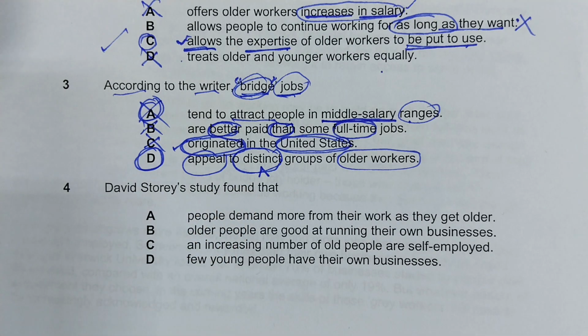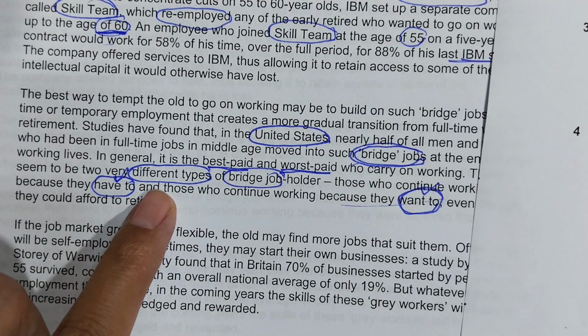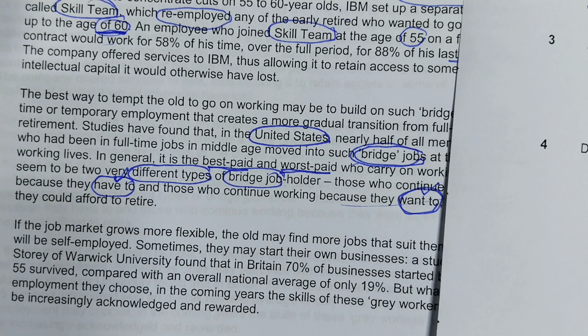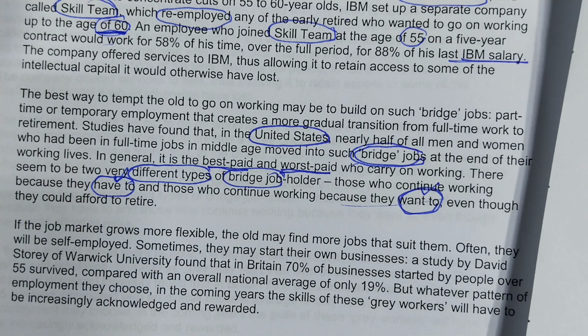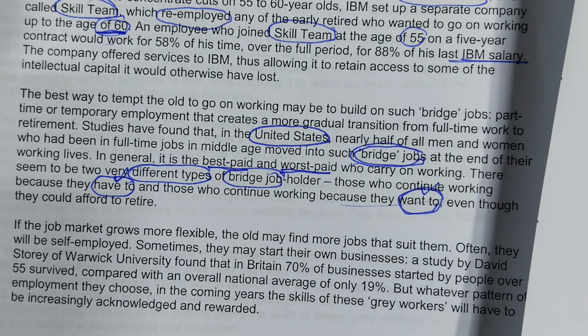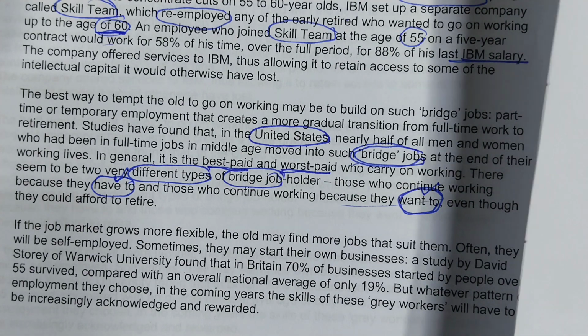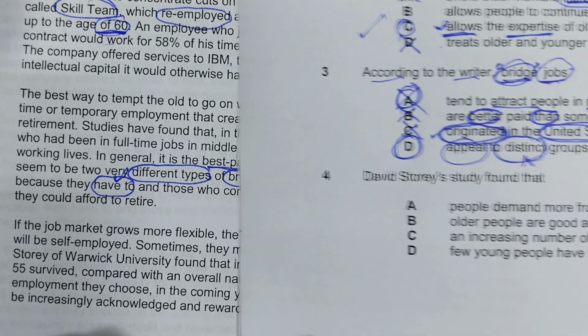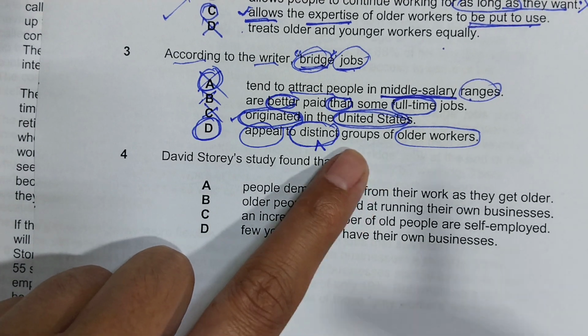So they are talking clearly about two groups of people. I mean, the two groups of people are clear from the rest of the group. The rest of the people are distinct from the others. So appeal to distinct groups of older workers. Groups.